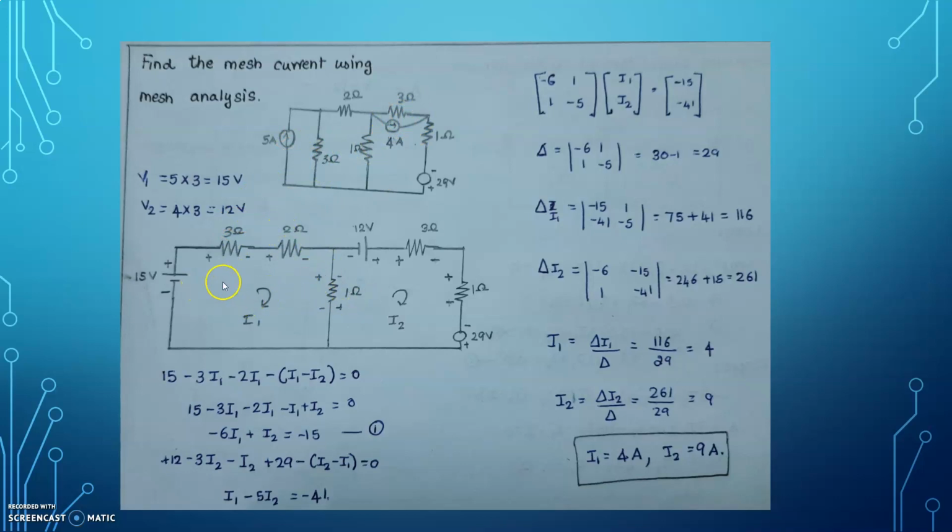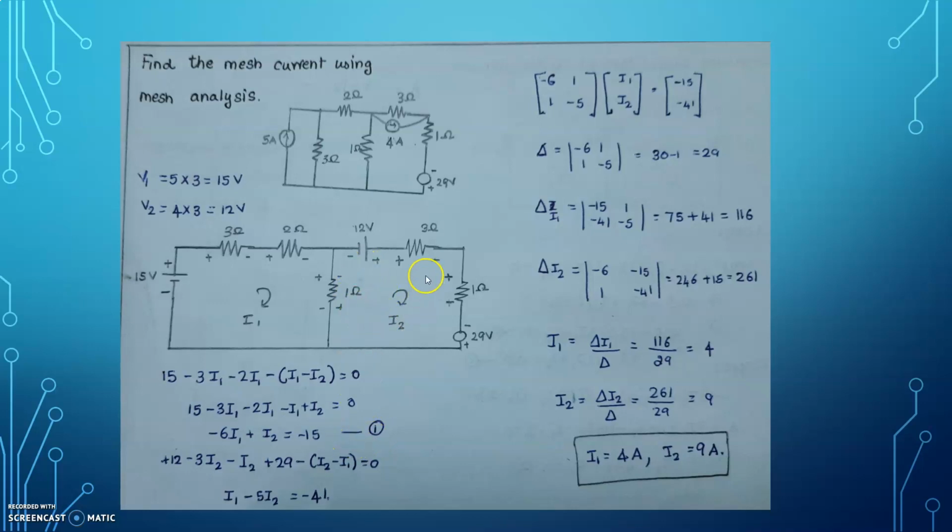First consider the loop currents I1 and I2 in a clockwise direction. Applying KVL for loop 1, write the equation: plus 15 minus 3 into I1 minus 2 into I1 minus 1 into (I1 minus I2) is equal to 0. Combine the I1 terms and I2 terms and name this equation number 1.